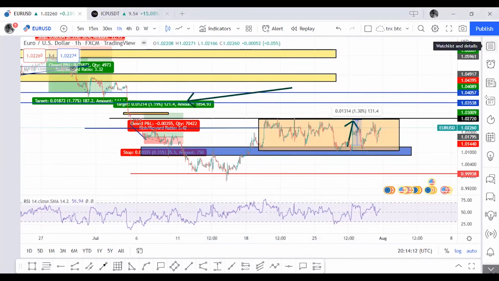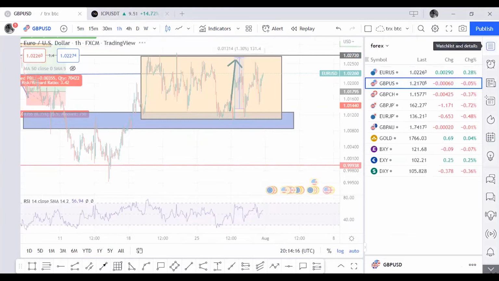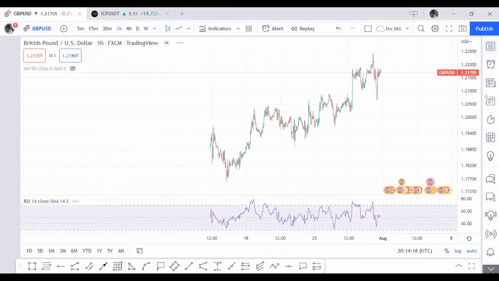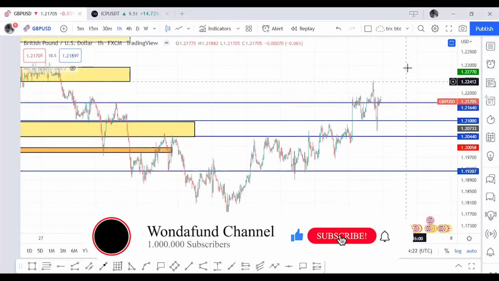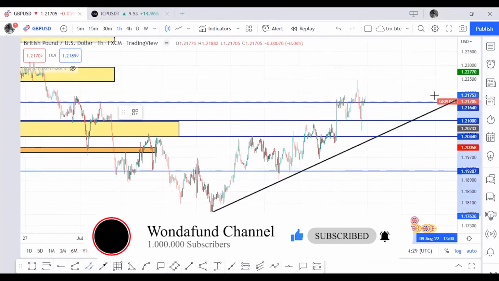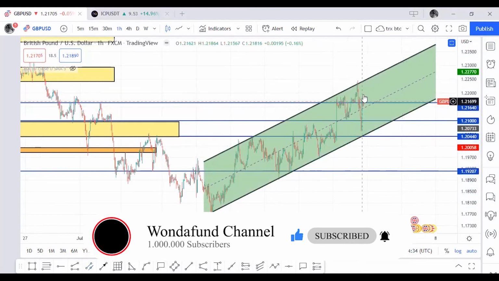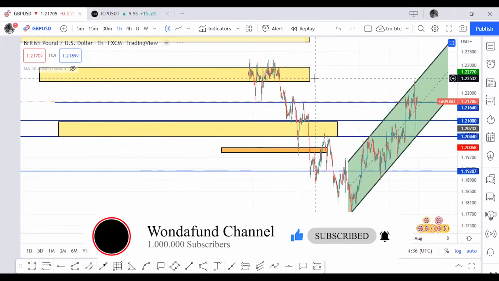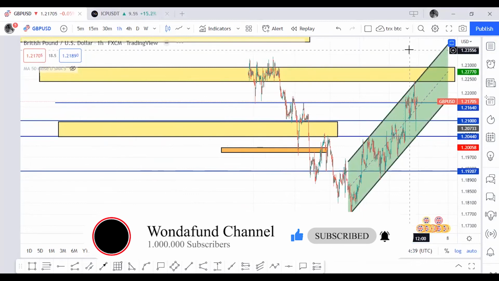Let me just have a quick look at GBP USD. It's almost certainly going to react like Euro USD, but let's just have a private look at it. I see a bit of a channel here. You have a resistance up there.